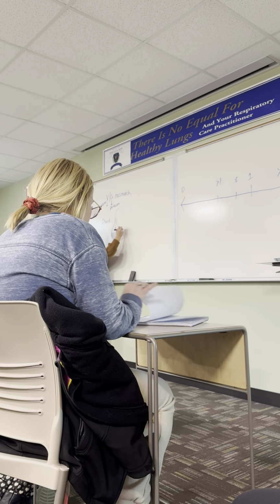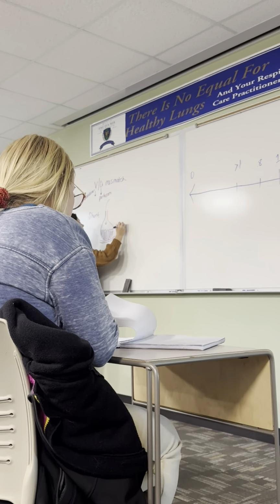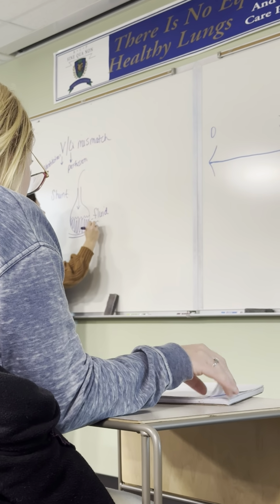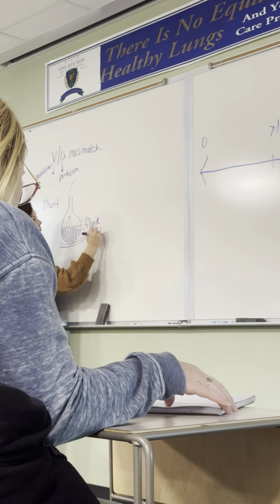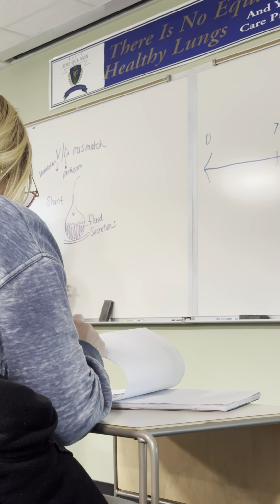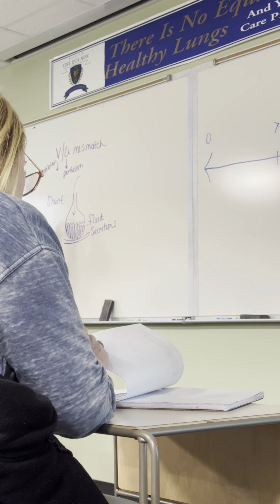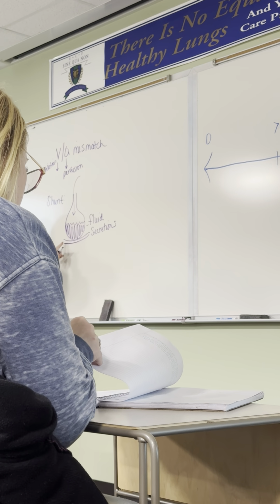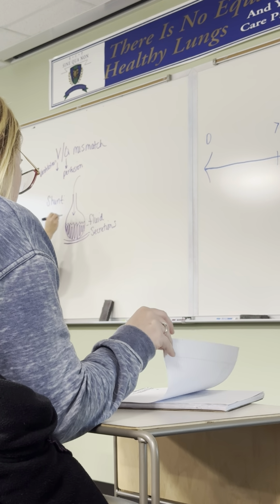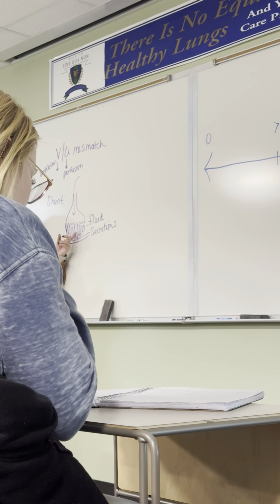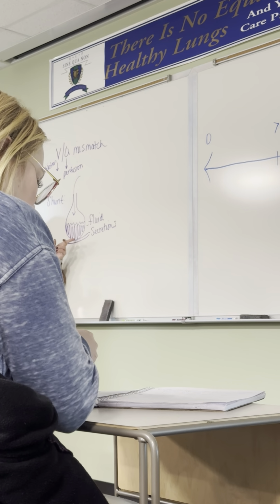This can be fluid. This can be secretions. Anything, some kind of consolidation, okay? So, when you look at this, we have plenty of perfusion, but we have less ventilation because it's being stopped by whatever this is, okay?